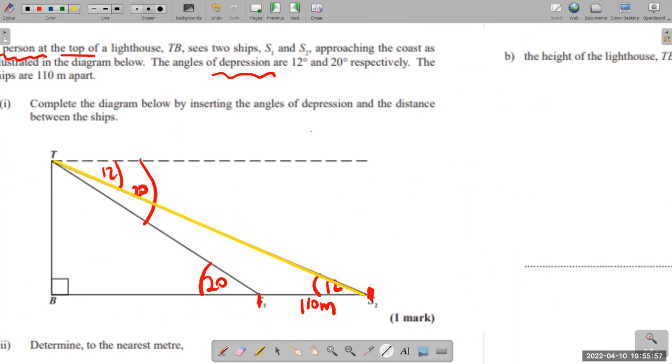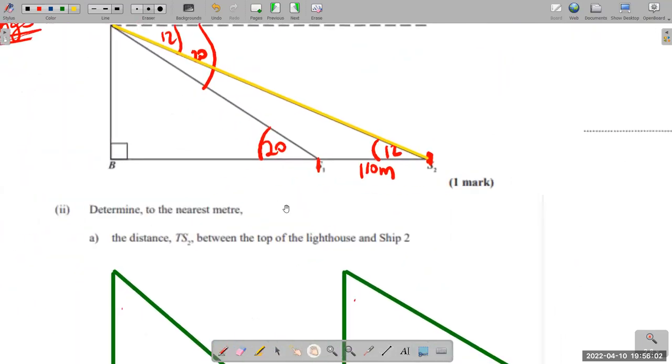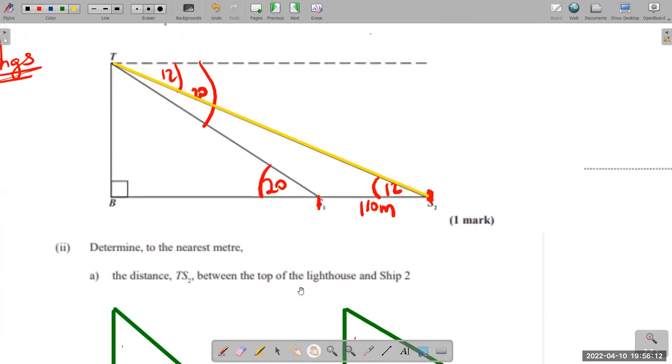Anybody seen the tree? It's three triangles here. Anybody seen the third triangle? Be honest, are you seeing the third triangle? They're saying a triangle in between here, a non-right angle triangle.